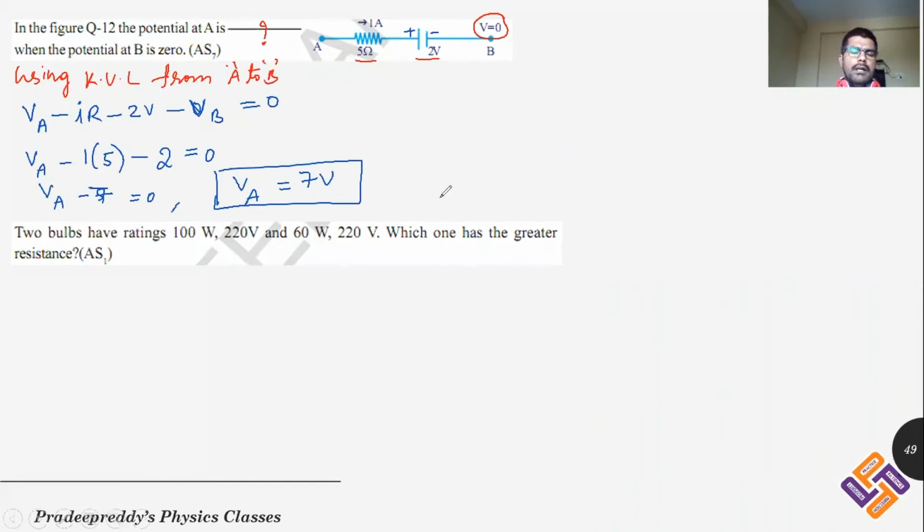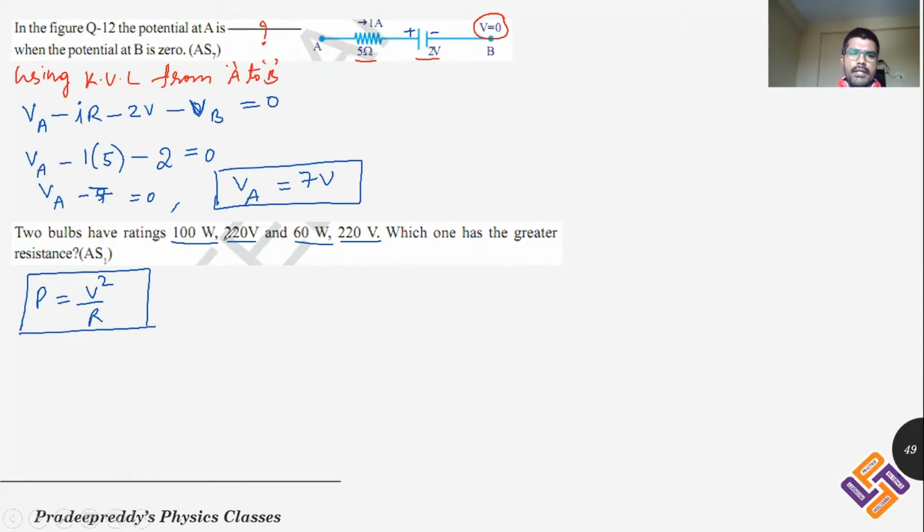Next, coming to another problem, two bulbs have ratings 100 watt and 220 volt, 60 watt and 220 volt. Which one has the greater resistance? Now, as we know, power P is equal to V square divided by R. This is the basic relation which we can use in order to find out the resistance.